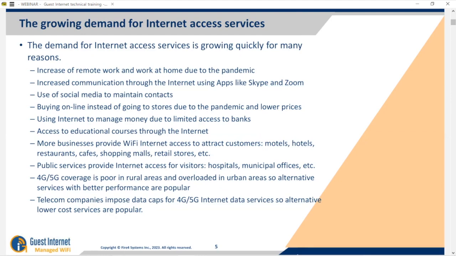There's also an increased volume of communication with apps like Skype and Zoom. Social media is used more for contacts, and people are shopping online rather than going to stores. Also, banking is now mostly done on the internet.